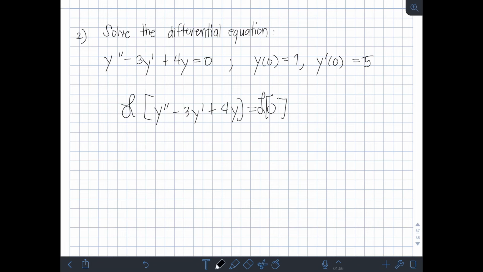So, we have, distribute ko yung Laplace transform operator, Laplace transform of y double prime minus 3 Laplace transform of y prime plus 4 Laplace transform of y equals Laplace transform of 0 is just 0.